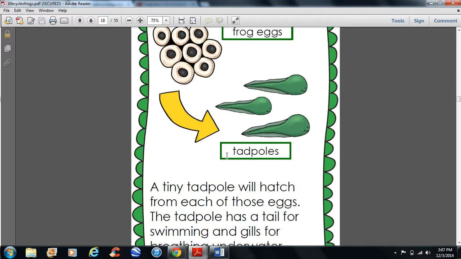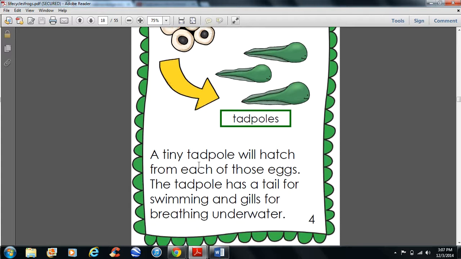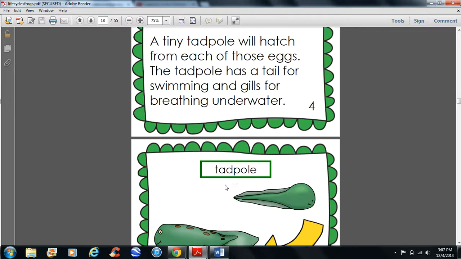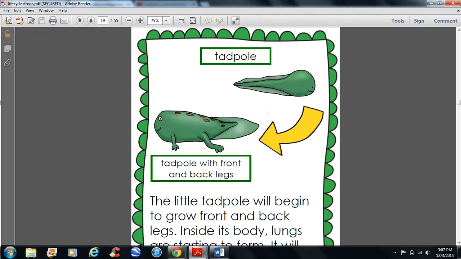Frog eggs to tadpoles. A tiny tadpole will hatch from each of those eggs. The tadpole has a tail for swimming and gills for breathing underwater. Can you think of another animal who has gills? Yes, a fish has gills. Tadpole to tadpole with front and back legs.